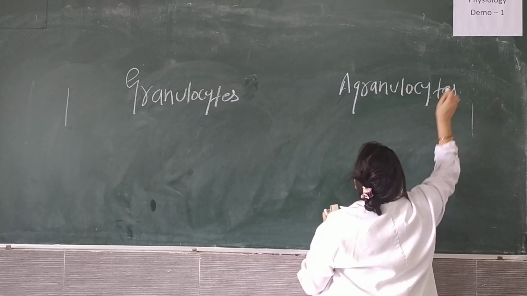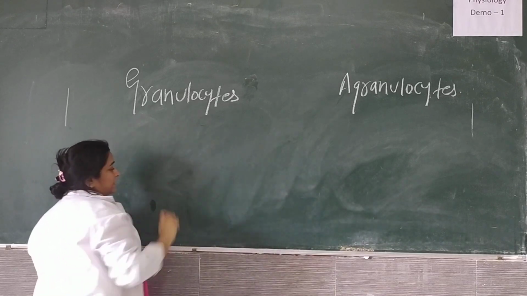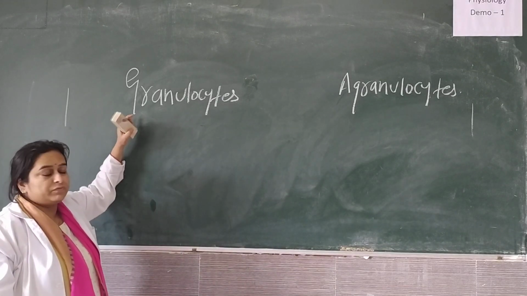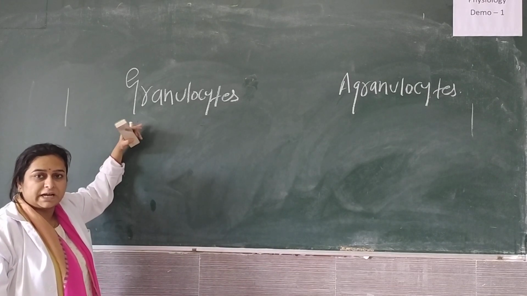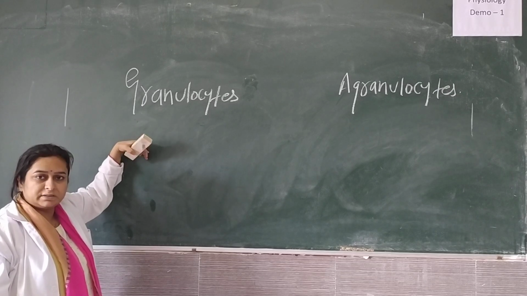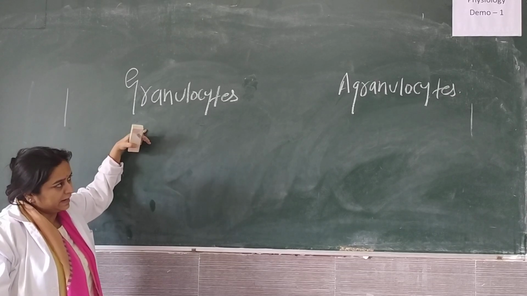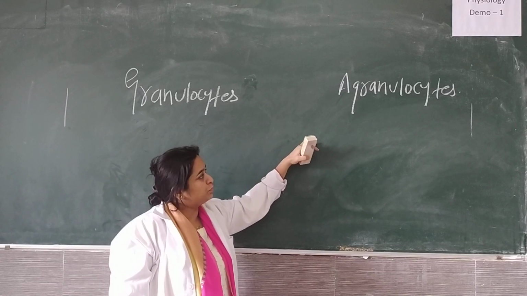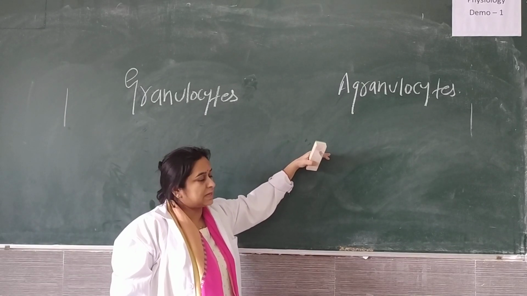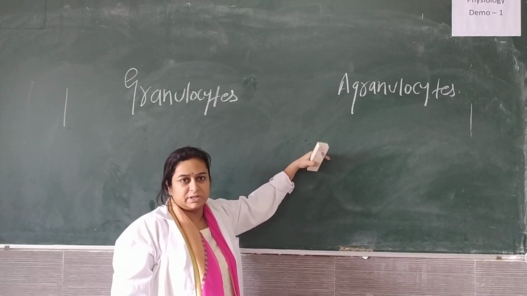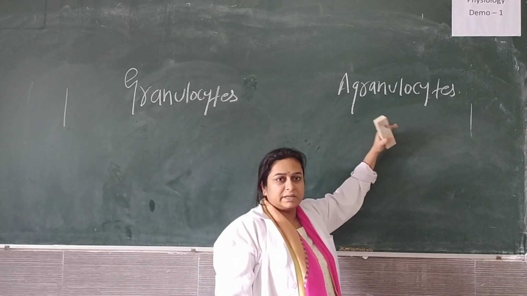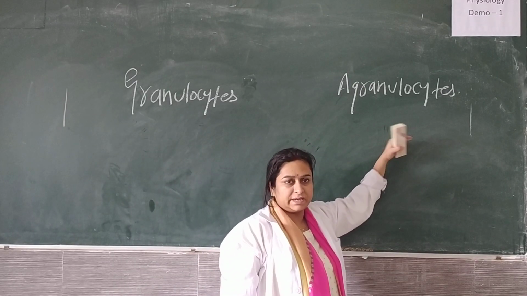By the name it indicates, those WBCs which have granules in the cytoplasm will come under granulocytes, and those WBCs whose cytoplasm does not have any granules will come under the category of agranulocytes.